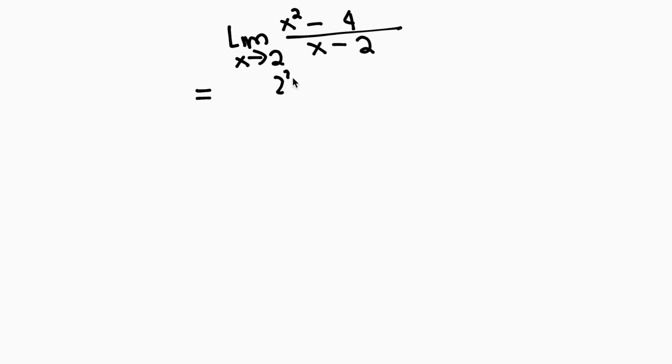It's going to be 2 squared minus 4 over 2 minus 2, which is just going to be 0 over 0, which is not possible in mathematics, right? So the limit is obviously not defined, and so I have to somehow change this function so that my denominator would not be equal to 0. This is where factorization comes into play.